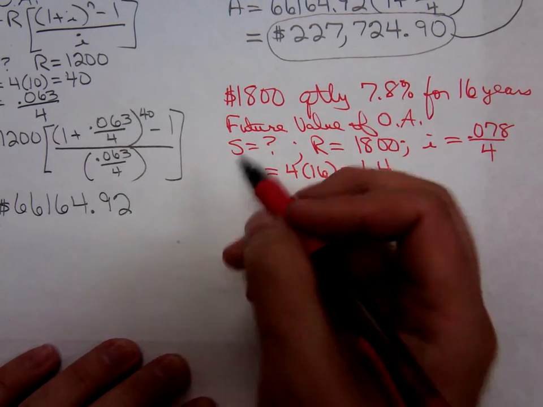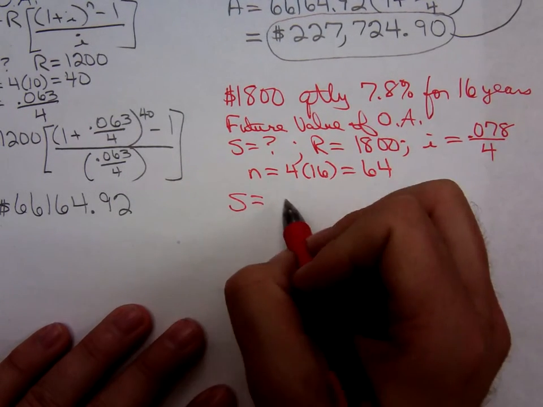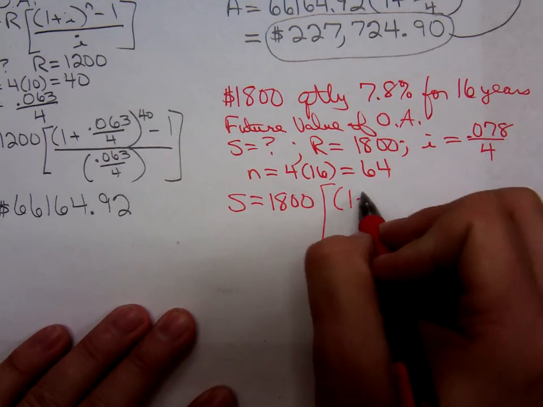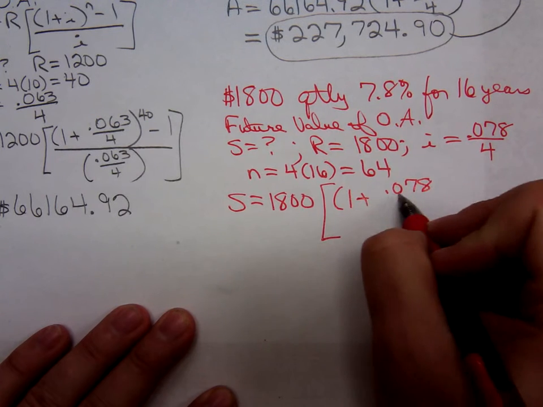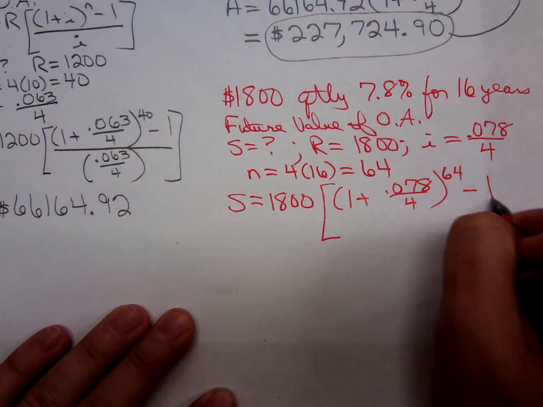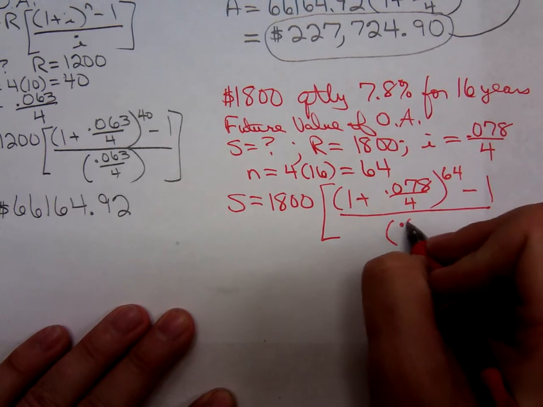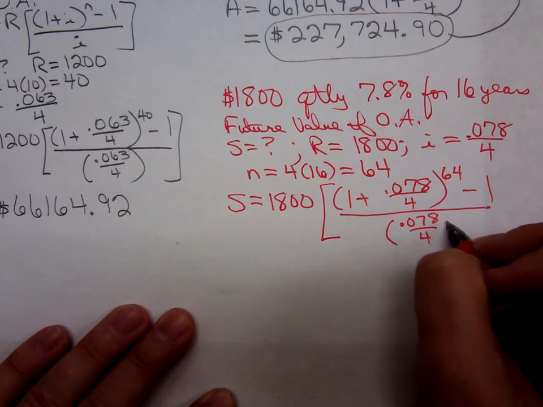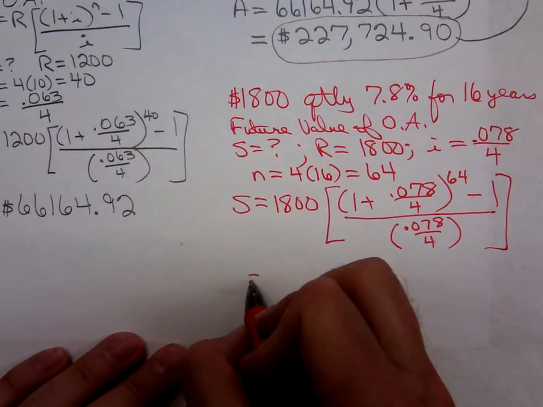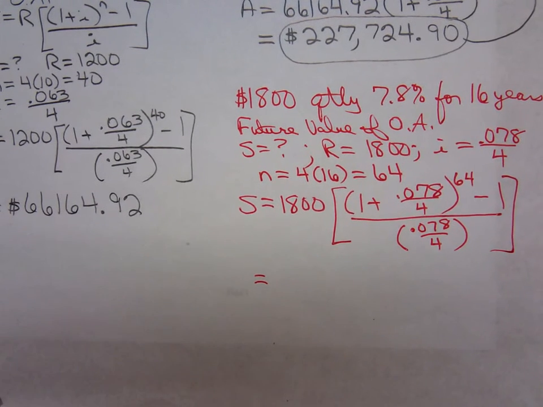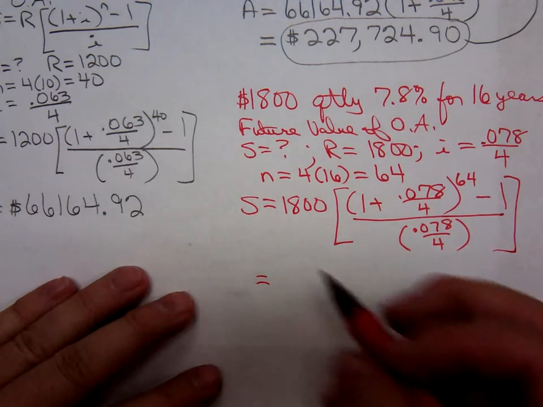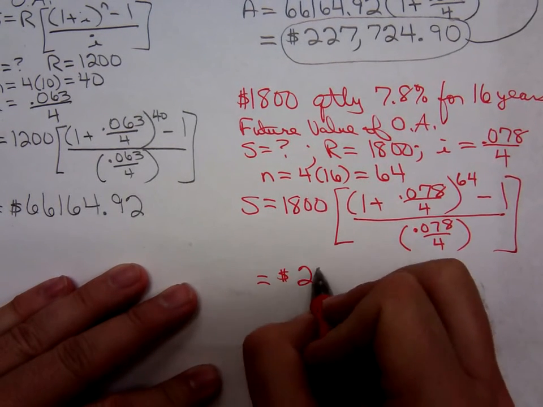So substituting into the future value of an ordinary annuity formula, the $1,800 per quarter is going to grow to a total of $225,000.